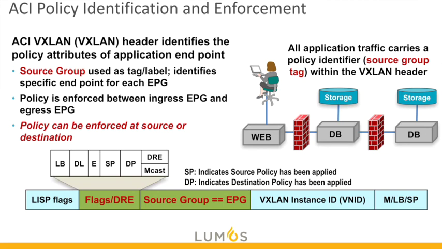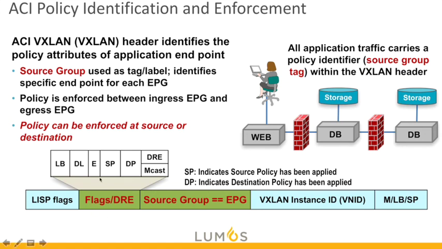So the ACI VXLAN header, the internal VXLAN header, or eVXLAN for enhanced VXLAN, has a couple extra fields that we use. One is the source group, and that's used as a tag label, identifies the specific endpoint for each EPG. And then policy is enforced either on ingress, usually, or egress. We can do that as well.